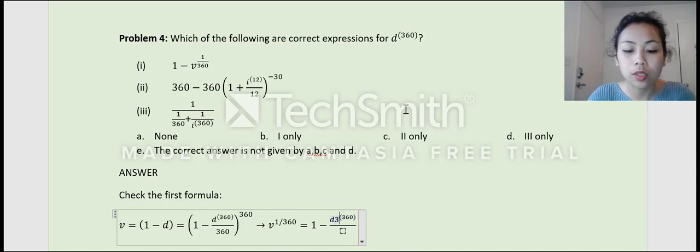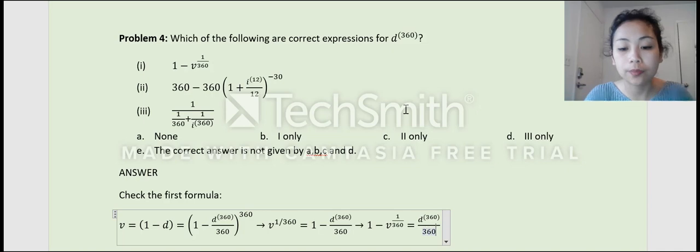By the way, the 360 on the top script here is not the exponent, so make sure you're not going to get confused. So here we have 1 minus v to the 1 over 360 equal to d^(360) over 360.